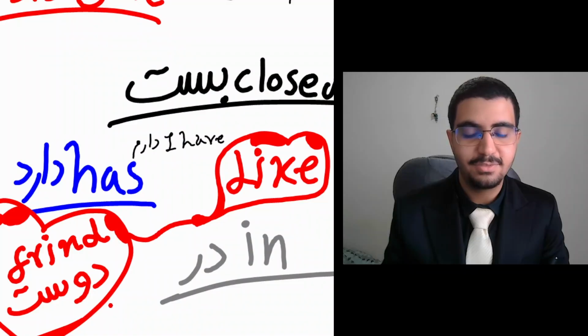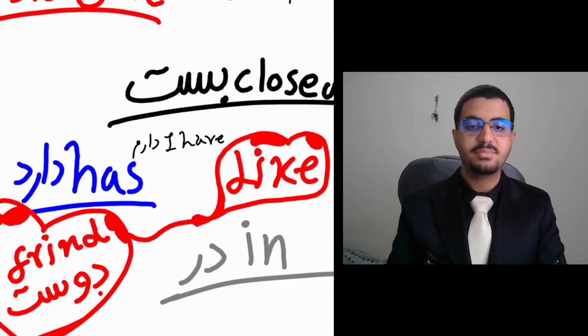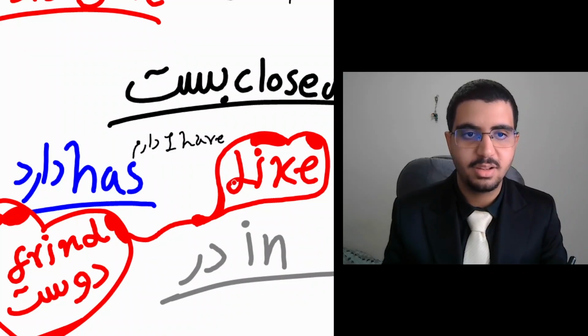Now here we have دوست. Dal, vav, sin, te. Dost as a noun means friend, and as a verb it means to like.